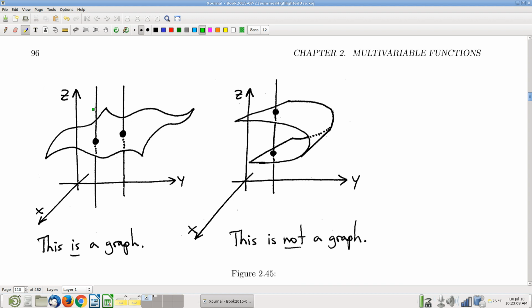And this surface as drawn passes the vertical line test everywhere. This is a graph. This surface over here, as drawn, fails the vertical line test. This is not a graph.